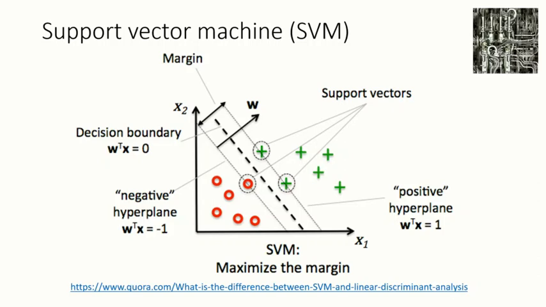We need a quick way to compute the distance from a data point to the line, because if you define a line, I will compute the distance from all the data points to the line, and then find the support vectors.